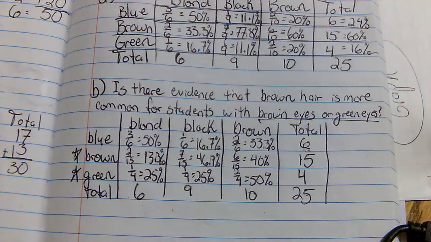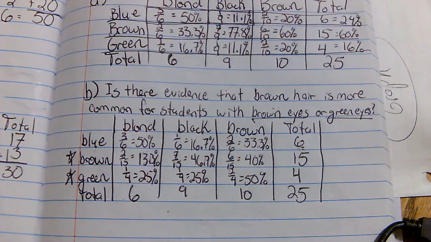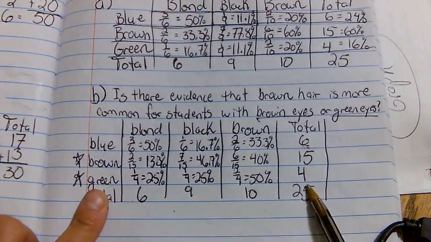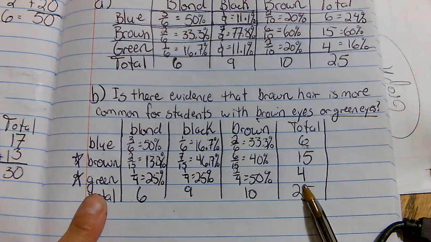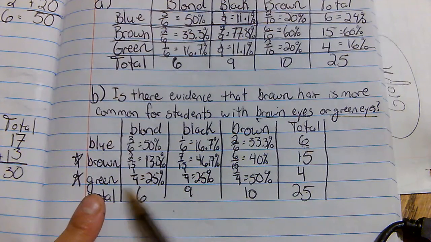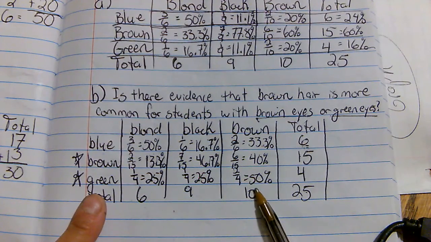Oh, interesting. Very interesting. So it seems that, at least according to this two-way table, it is more common for students with green eyes to have brown hair, because if you look, green eyes and brown hair came out to 50% of all the people that had green eyes. Now, granted, there were only about 4 people that they surveyed that had green eyes, but of those 4, 50% of them had brown hair.